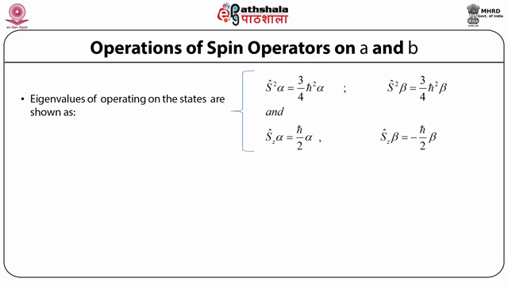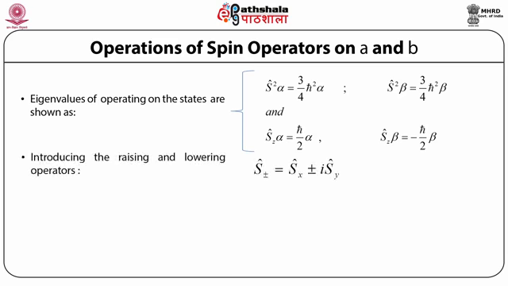And just like we did in the case of the angular momentum operator, where we defined the raising and lowering angular momentum operators, or the creation and annihilation operators, similarly here also we can define the raising and lowering operators for the spin operator.